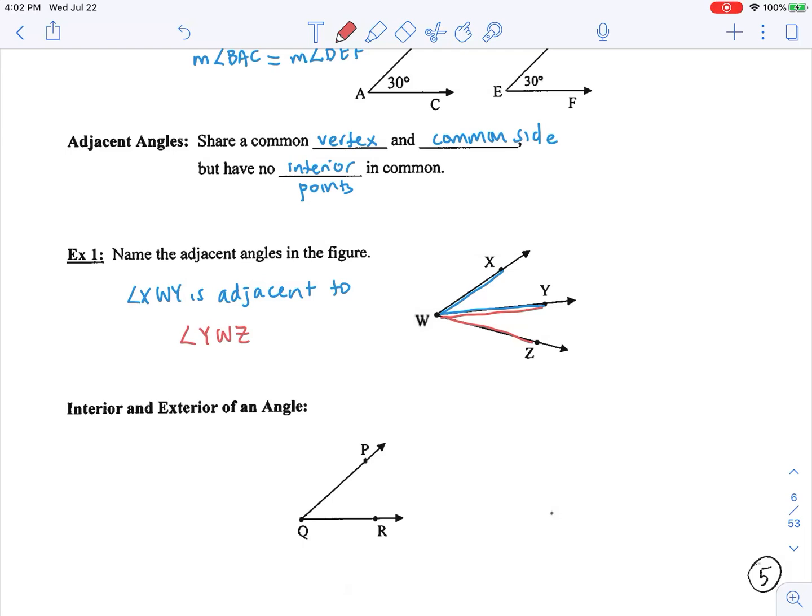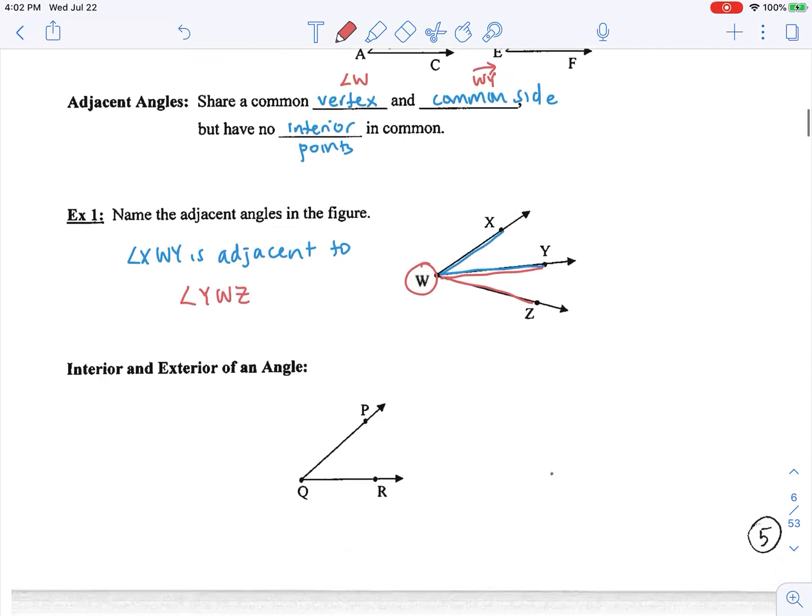So we see that they share a common vertex and a common side. I'll refer to this diagram in my notes for where the definition of adjacent angles is. The point W in that diagram is the common endpoint, and the common side would be WY, the ray WY.